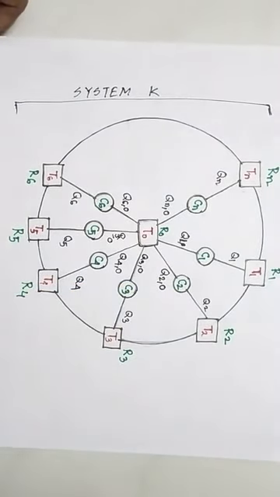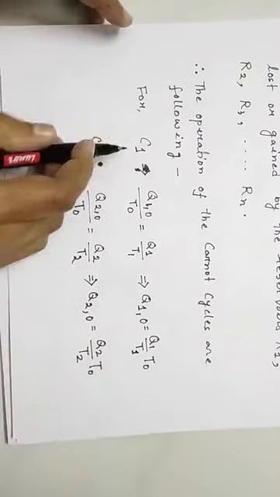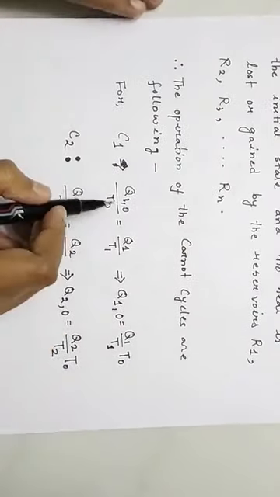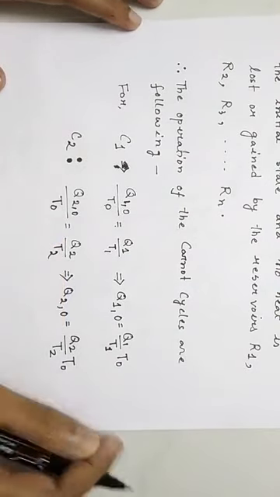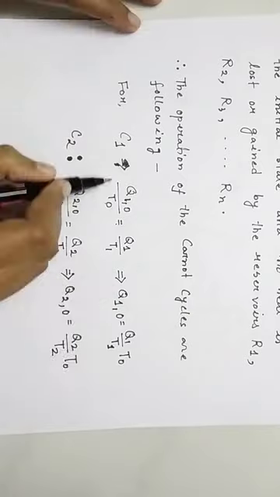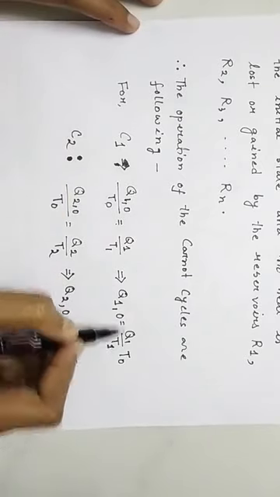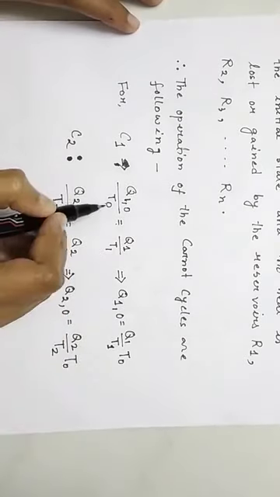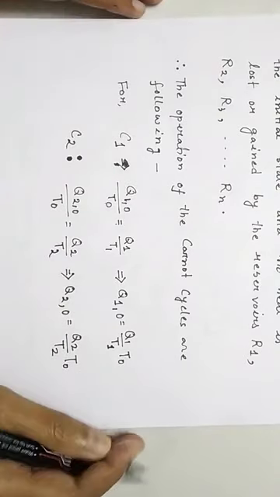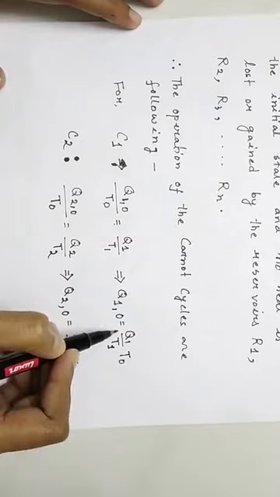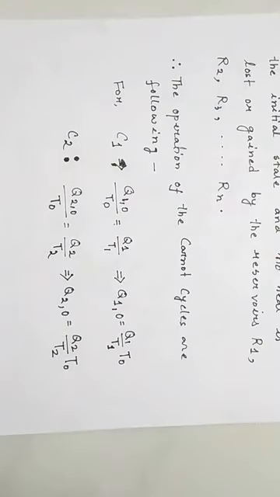So for the Carnot engine C1, we can say that Q1,0 by T0 equals Q1 by T1. That is, Q1,0 will be Q1 by T1 into T0, so we are bringing T0 to the right hand side. So Q1,0 equals Q1 by T1 into T0.